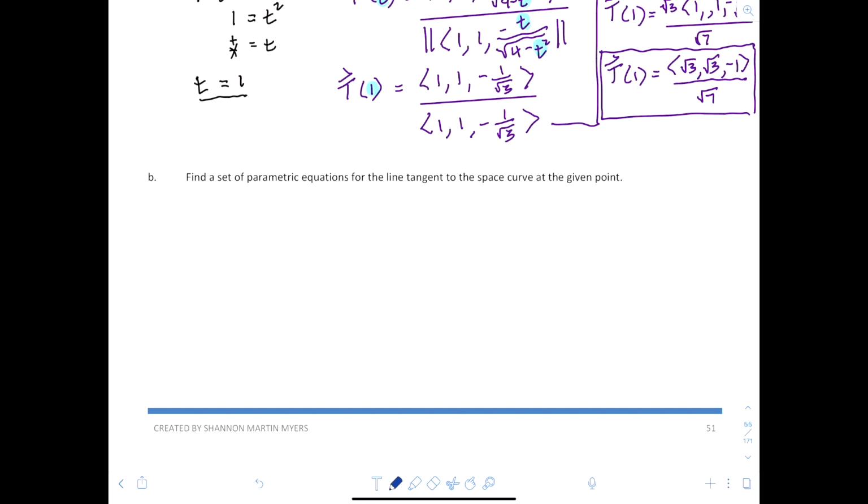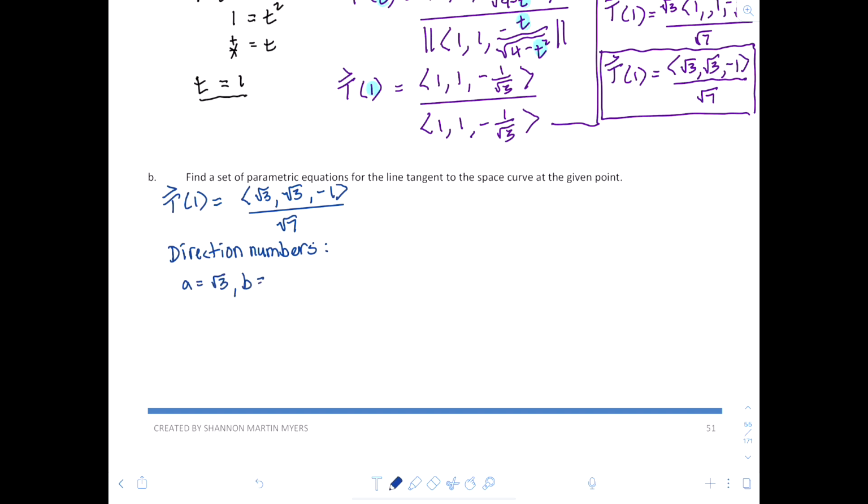So we know that T at 1 is equal to root 3, root 3, negative 1, all over root 7 from part A. So in this case, not the direction cosines, the direction numbers, we would have a equal to root 3, b equal to root 3, and c equal to negative 1.